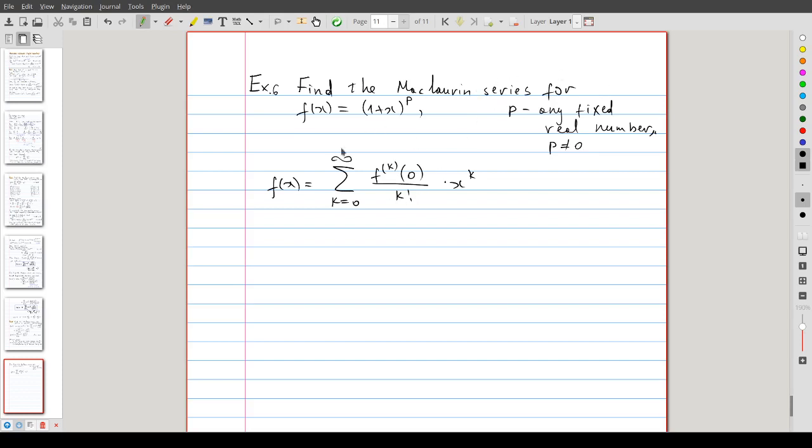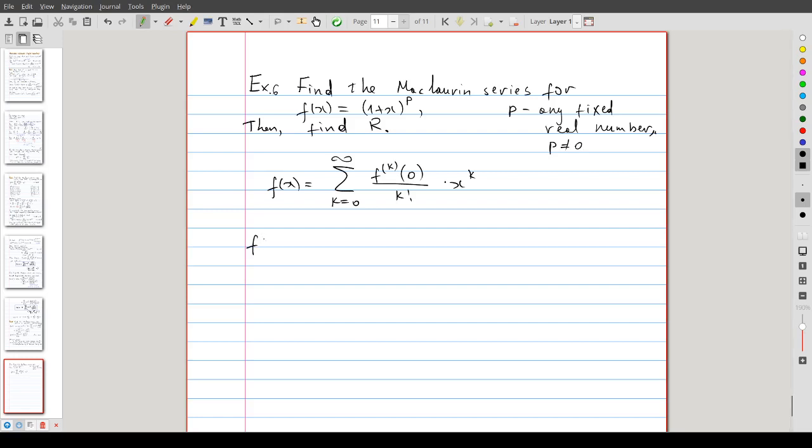And then, once we have established the formula for the Maclaurin series of this function, let us also find its radius of convergence. Clearly we need to determine derivatives of f of all orders and then evaluate them at 0.